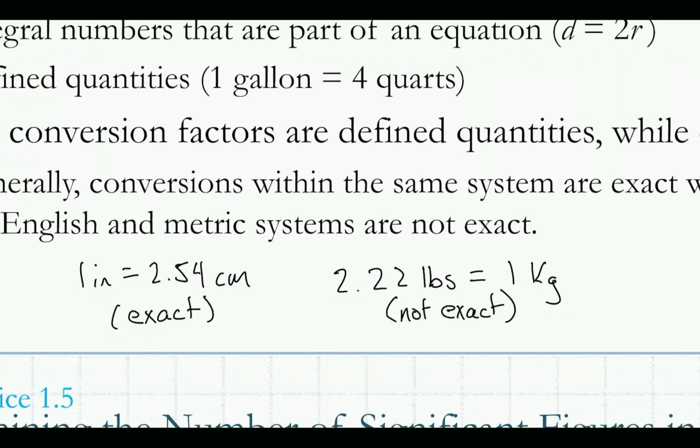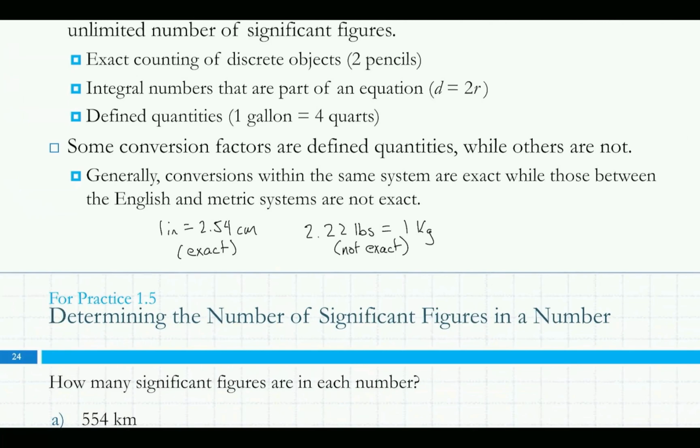So sometimes conversion factors can affect the number of sig figs that you have, this being an example. But for those ones that cross from one system to another, I'll tell you. For other things, like metric to metric or English to English conversions, those are almost always exact. Metric to metric is always exact.